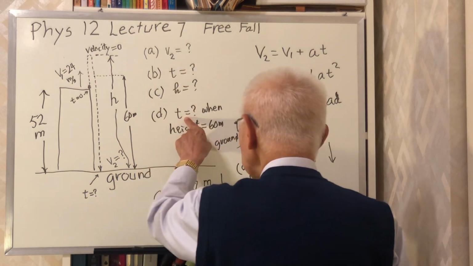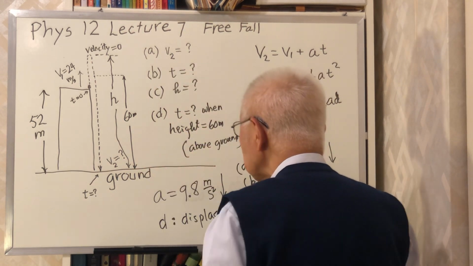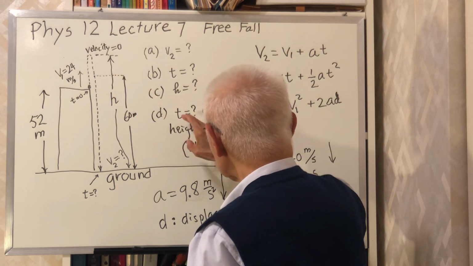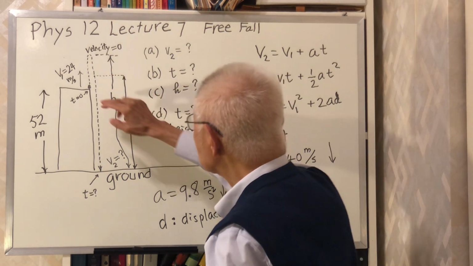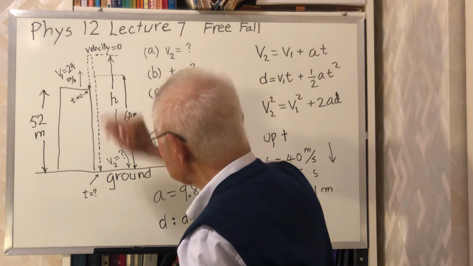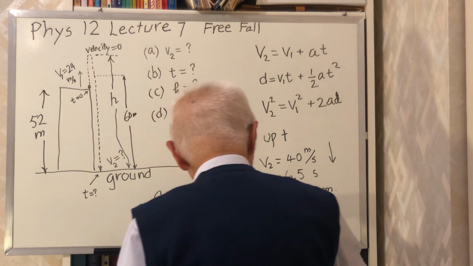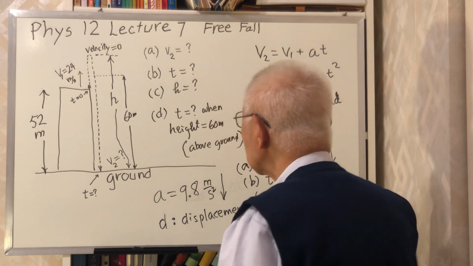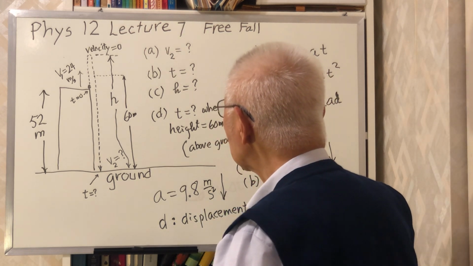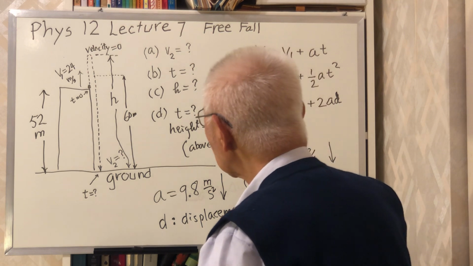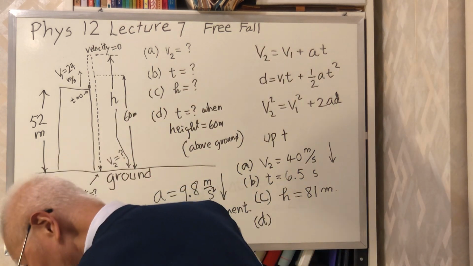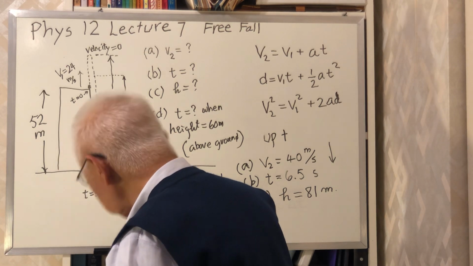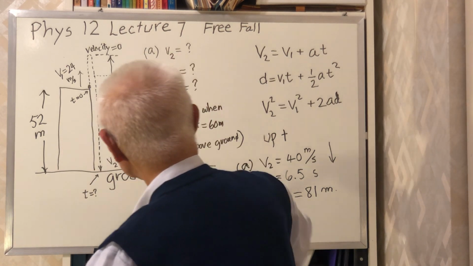What is the time when the height is 60 meters? When this is 60 meters, what is the time? What is the time here, time here? So D is, okay, when this is 60 meters.